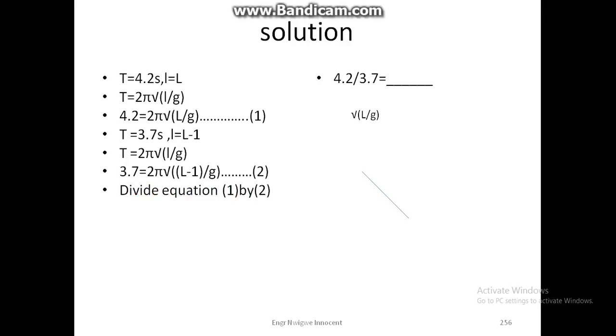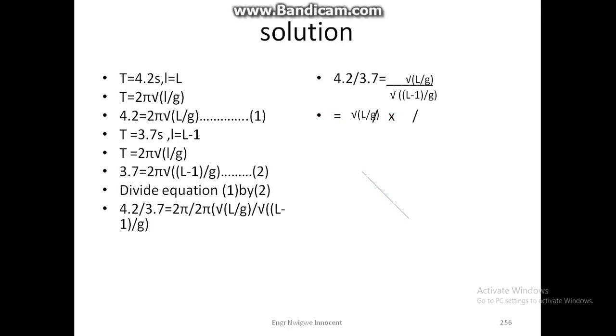Dividing equation 1 by equation 2, we have 4.2 divided by 3.7 equals 2 pi divided by 2 pi, times square root of L over g, all over square root of L minus 1 over g. This gives 4.2 over 3.7 equals square root of L over g, all over square root of L minus 1 over g.